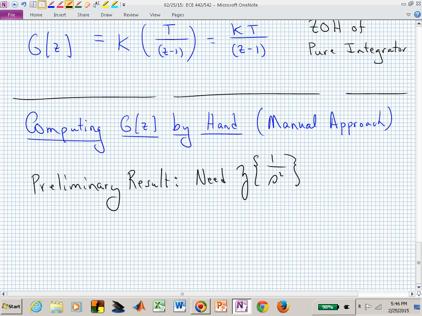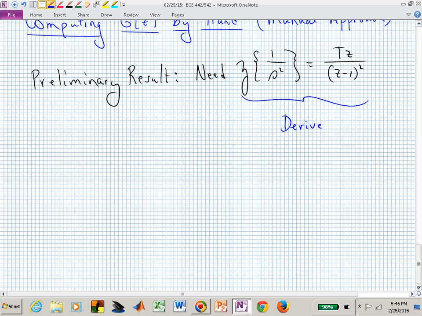And the z transform of 1 over s squared, we know, produces Tz over z minus 1 squared. Let's go ahead and show where that comes from. Let's derive this relationship so that you become more comfortable with what's going on.